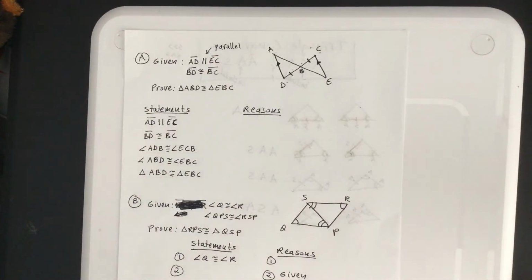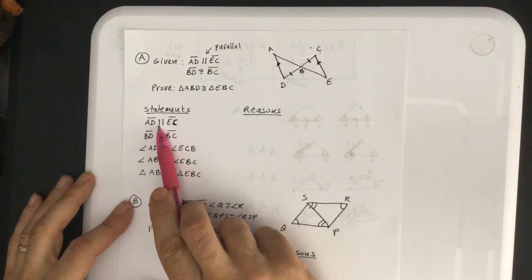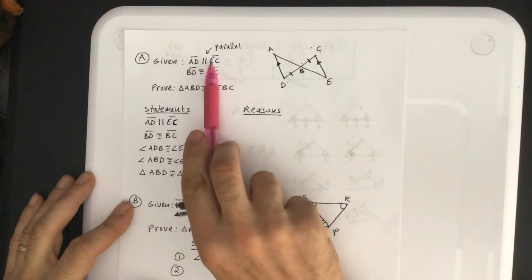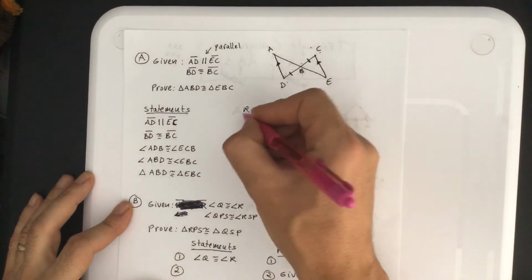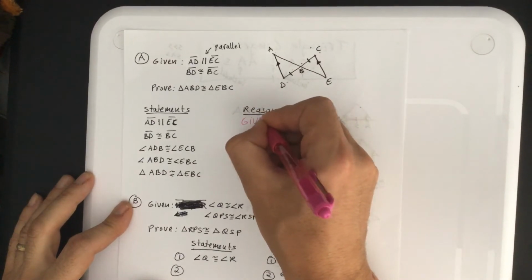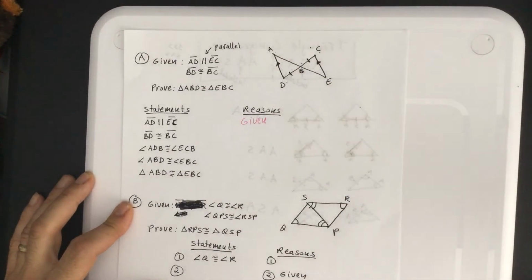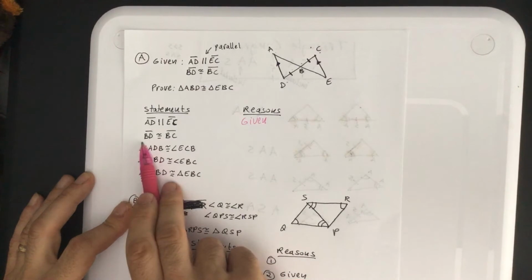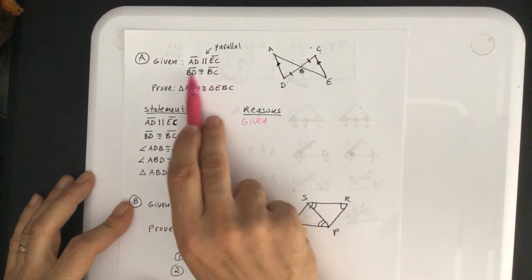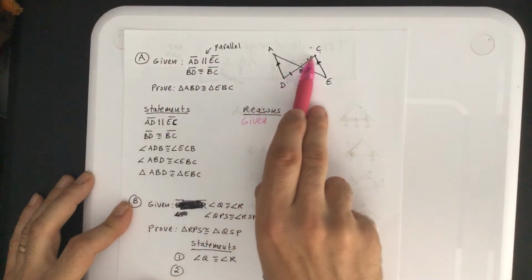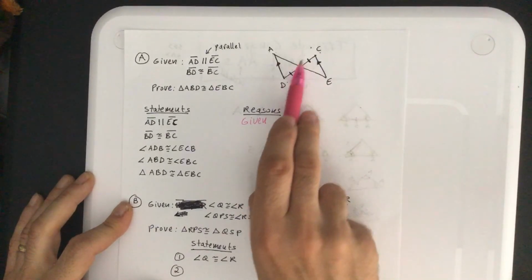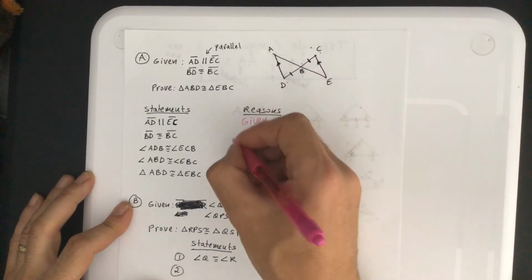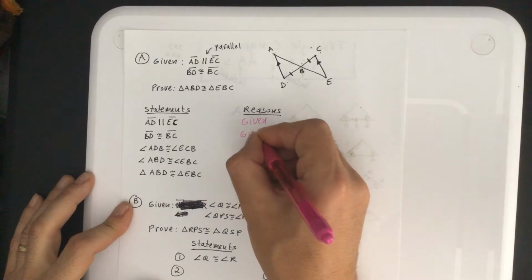So let's go with the reasons. First of all, you always write down the given ones. So AD parallel to EC, that's right there. That means given, they're giving you that information. And they're telling you, hey, BD congruent to BC, well, it was given information also. This is the same thing as that, congruent to that one, right? Same measurement. So given.